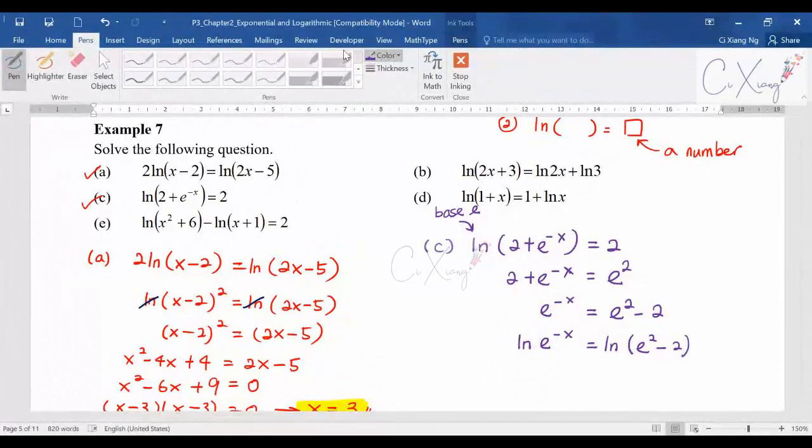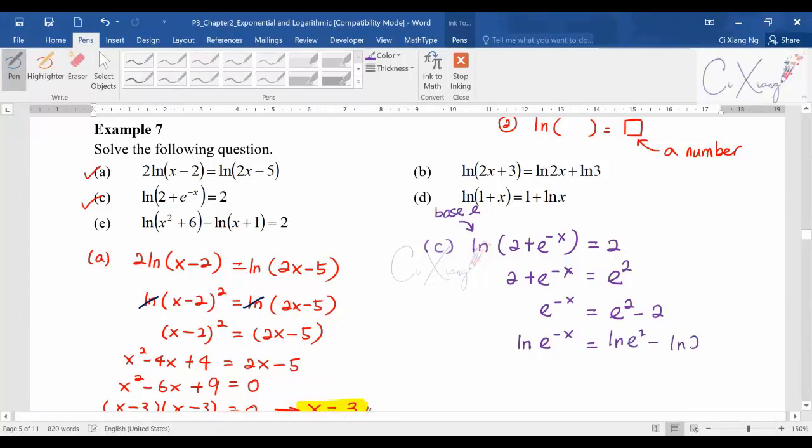A common mistake that students will make in this step is, when they take ln, they write ln e^2 - ln 2. This is wrong. You are taking only one ln. So if you are taking only one ln on both sides, it will become ln(e^2 - 2). Then, applying the concept we learned before, the negative x is a power, so you can pull it in front.